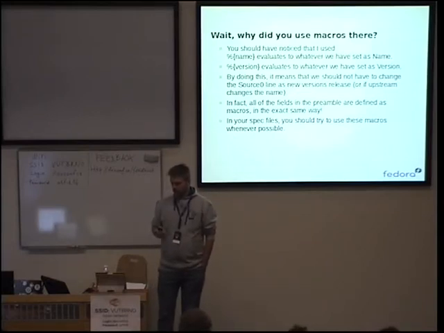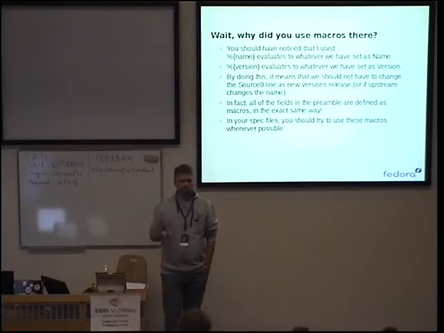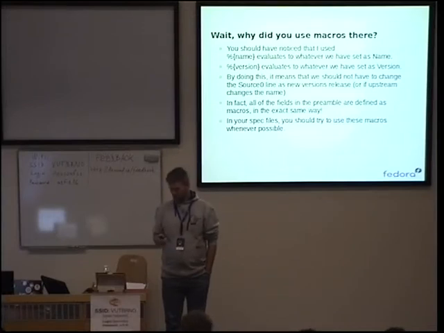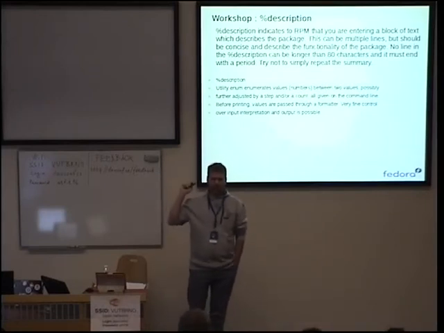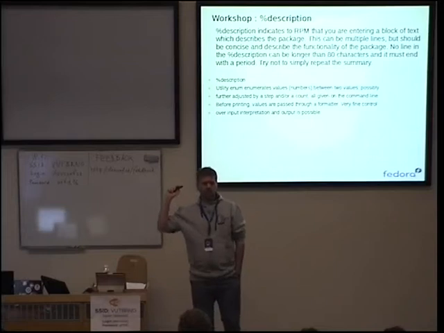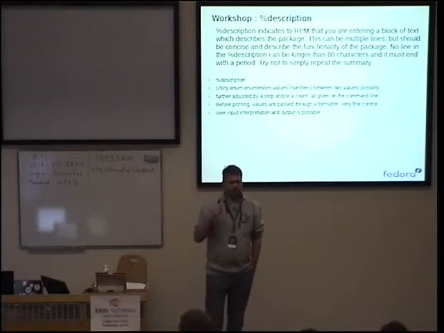In your spec file, you should try to use macros as much as possible. If you use them, you don't need to edit the file so much. And last from the preamble section is the description. Here you can write some long description.